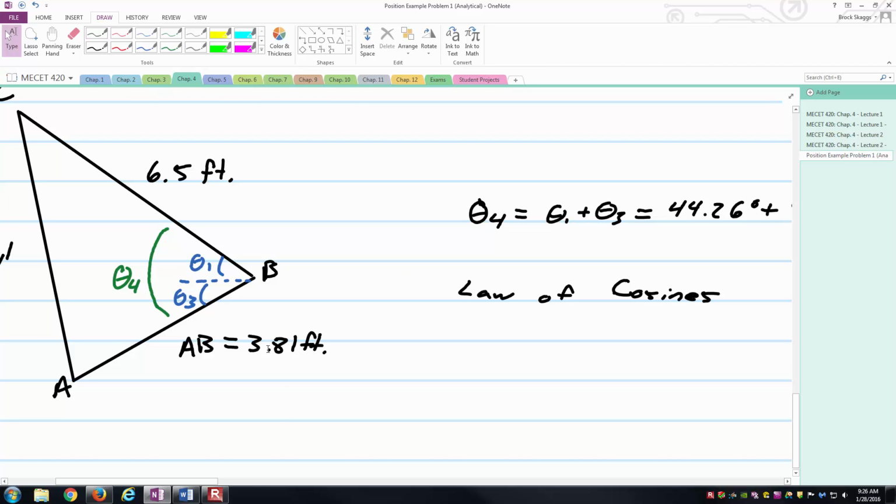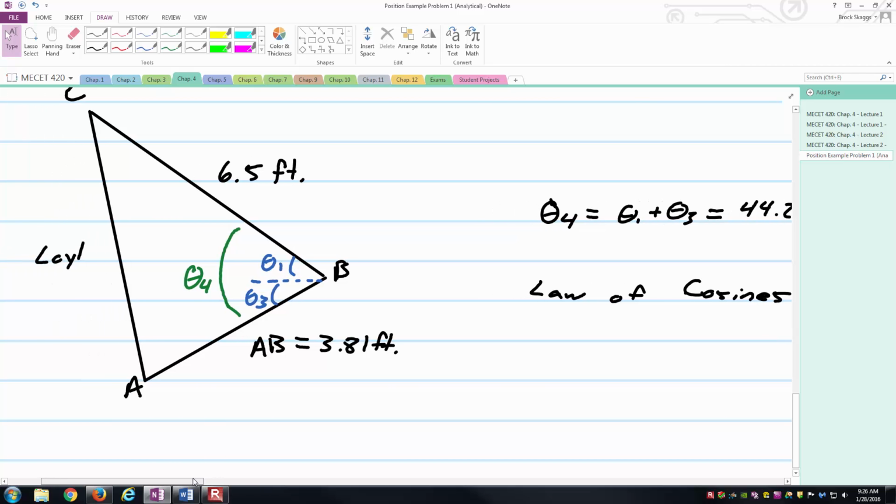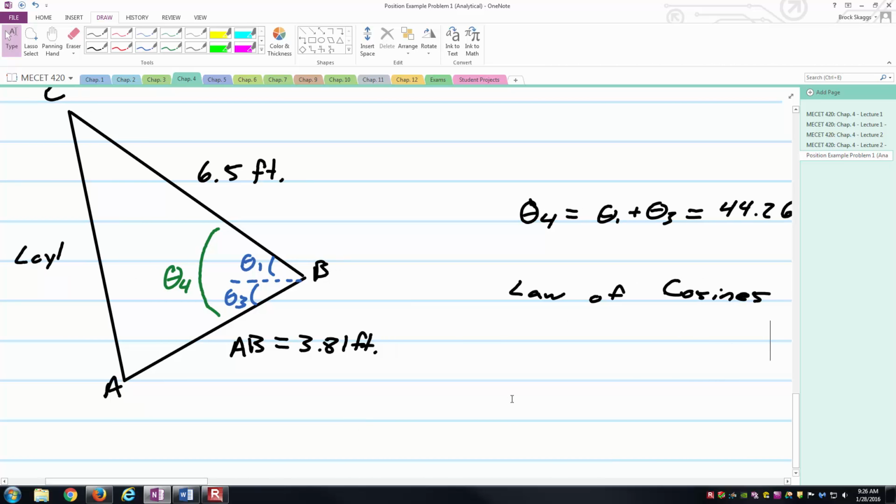There's a very good relationship that has to happen here. You've got to have the opposite side be opposite from the angle that's inside of the argument of cosine. And so you've got cosine of theta 4, and so then this L cylinder must be the c squared part of that. It should make sense as we walk through here.